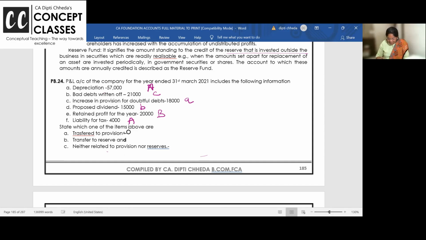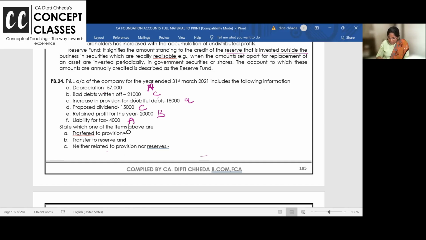Depreciation, where do you take it? Transfer to provision. Bad debts are written off against the provisions, C. Sorry, bad debts will not be written off against the provision. That will come directly to the P&L account. Increase in the provision, A. Proposed dividend, I have given reserve, or you can write C also, because once the dividend is proposed, it is paid.